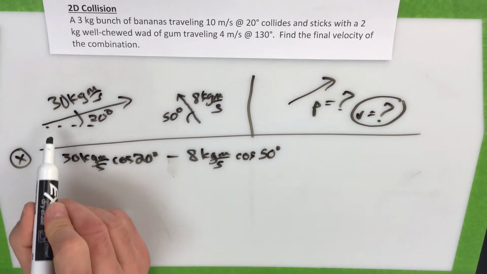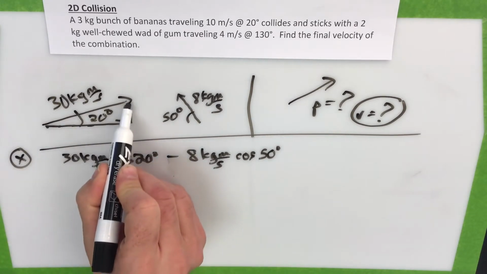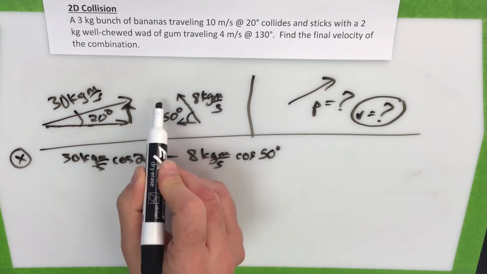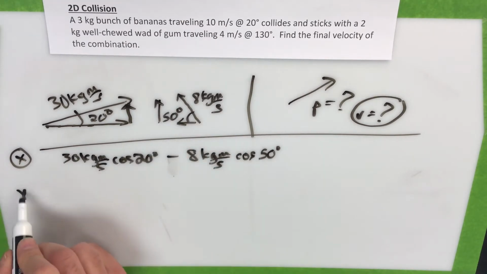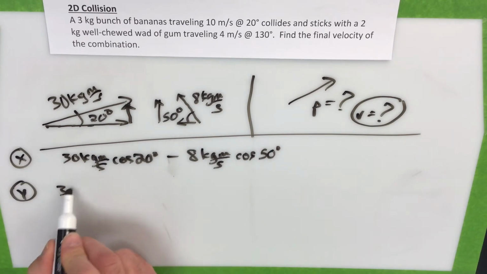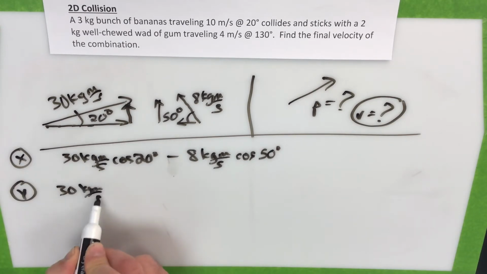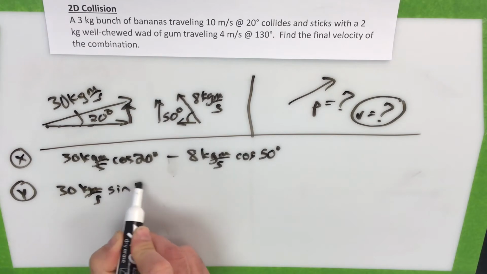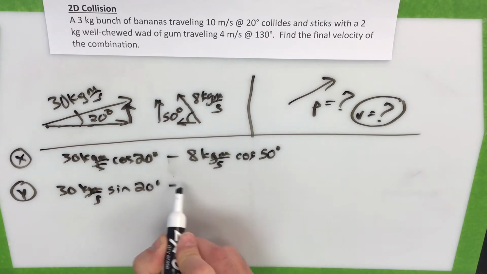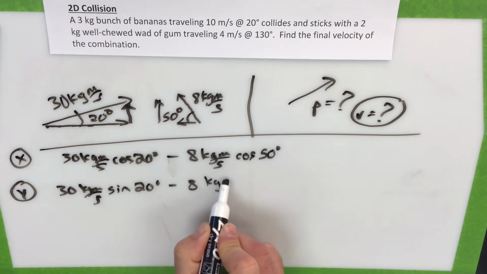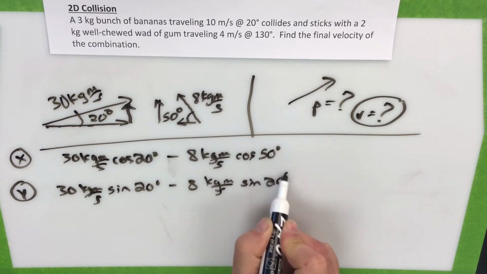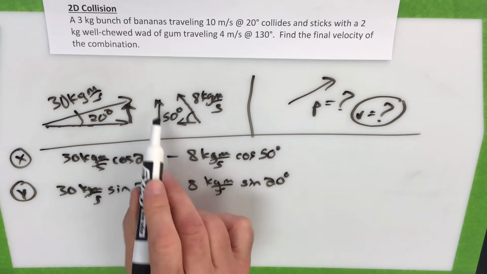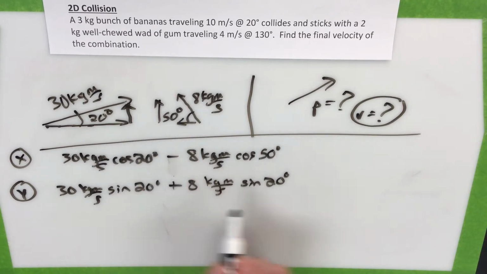So I take this x component, that y component, this x component, and that y component. Cosine is associated with the x component. Here's the y component, 30 kilogram meters per second sine 20 degrees minus 8 kilogram meters per second sine 50 degrees, except in this case, oh no, they're both up, so that would be adding.